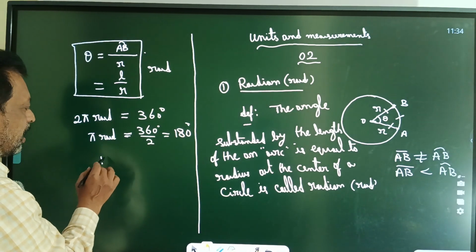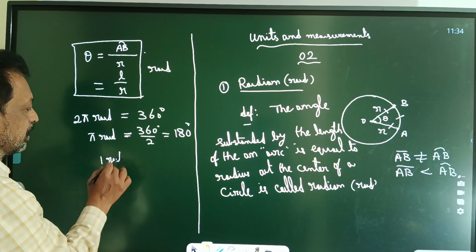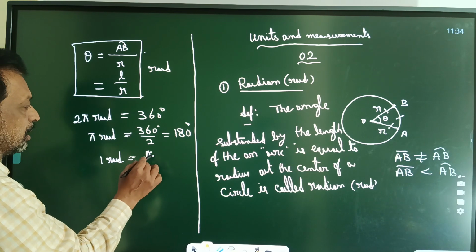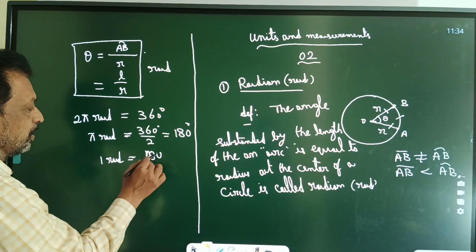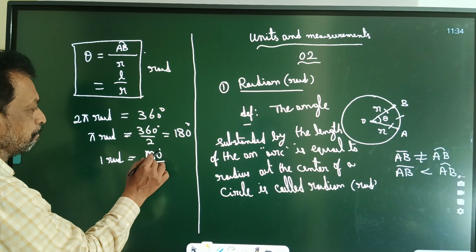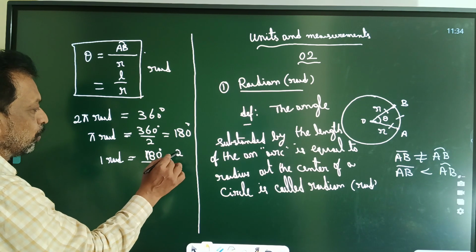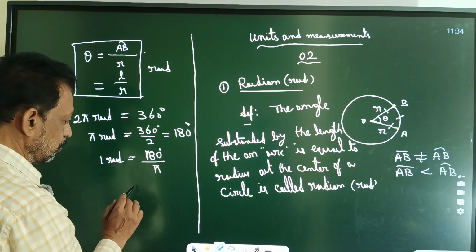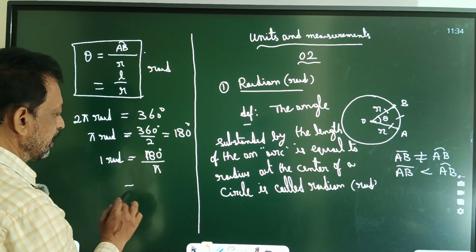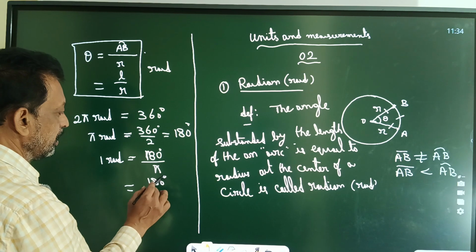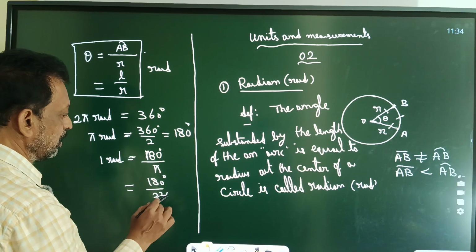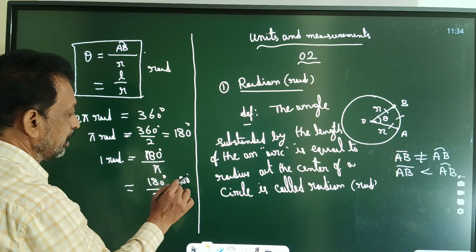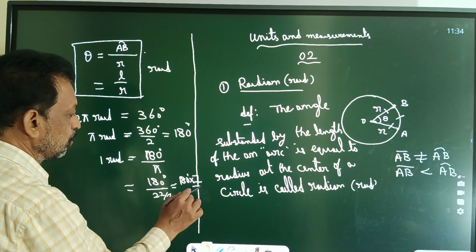Therefore, 1 radian is equal to 180 divided by pi. That is 180 degrees divided by 22 by 7, which is 180 degrees into 7 by 22.